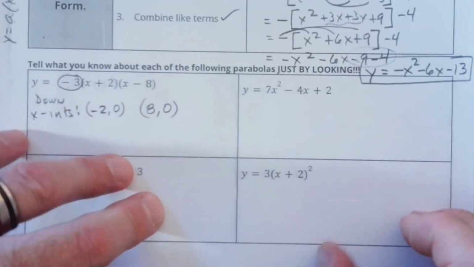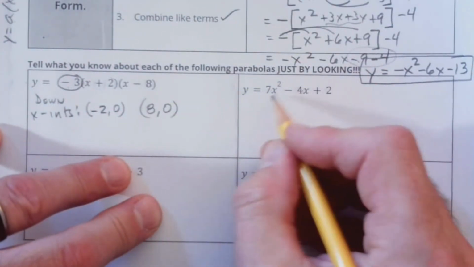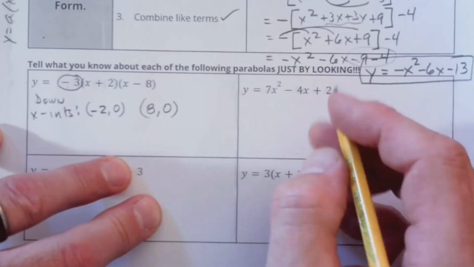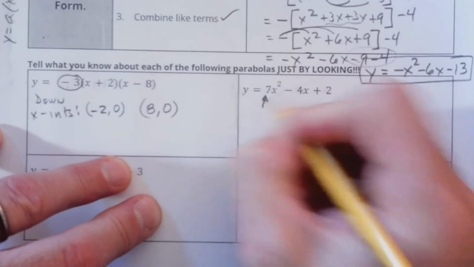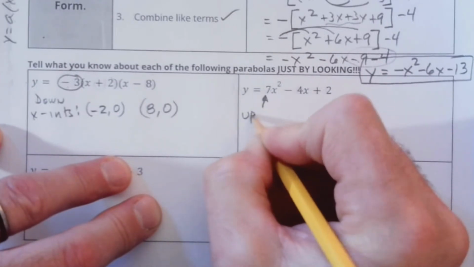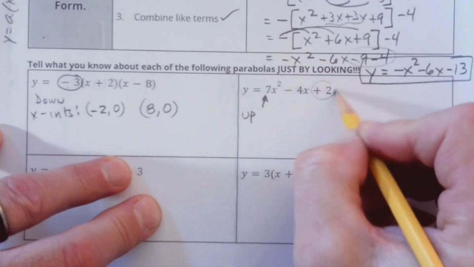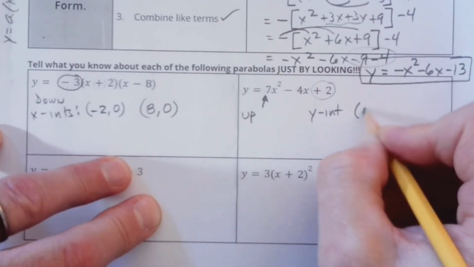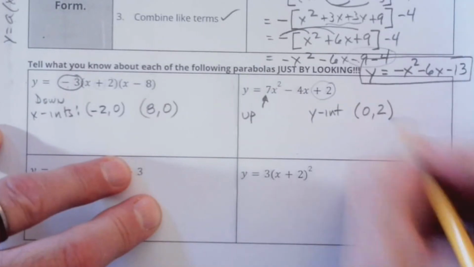Those are the x-intercepts. Looking at this one, we can identify that this is in standard form. So we know from this number that it opens up, and we know this is the y-intercept at 0, 2.